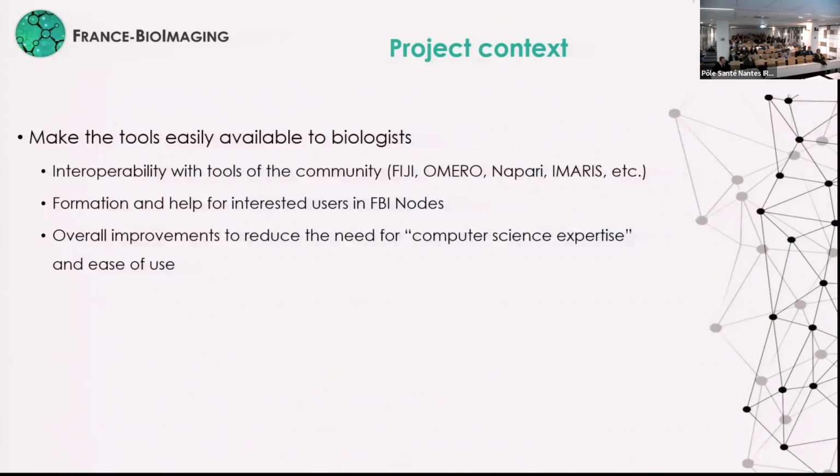The first one being the interoperability between Morphonet and the tools of the community, such as Fiji, Omero, Napari, Imaris, or many others. Also, there is the formation and user help for the users that are interested in Morphonet in France BioImaging nodes, and also an ongoing effort to have some overall improvements to reduce the need for computer science expertise, which is often required by biologists to use tools.